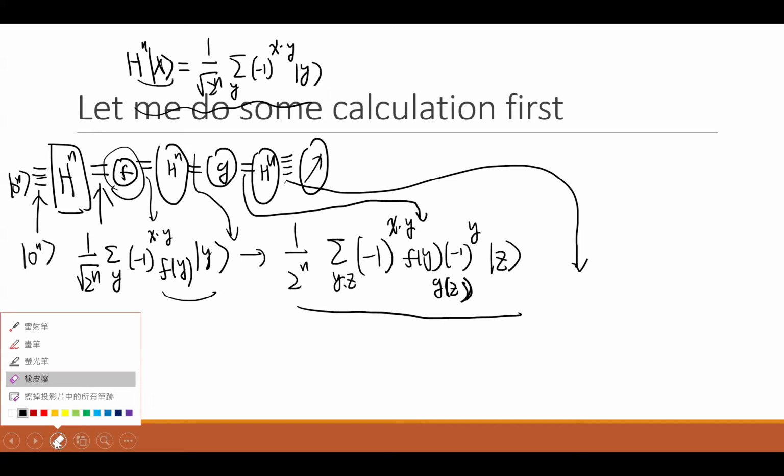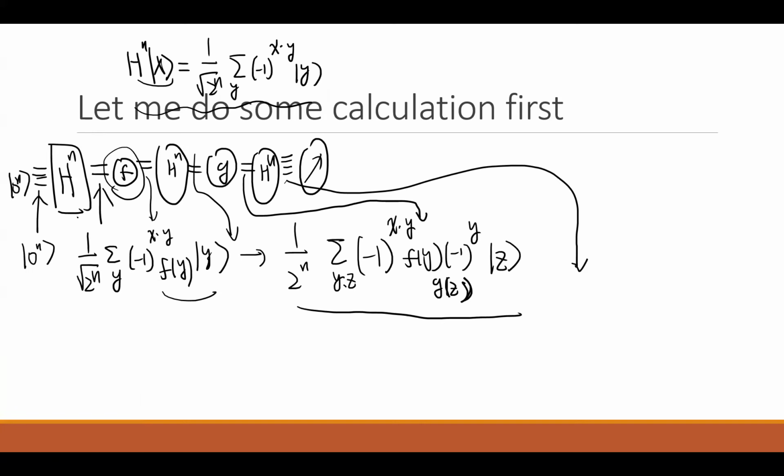What I want to say is the following. Sorry, I go too fast. This one is indeed 1 over square root 2 to the n summation of x. This guy here is indeed this one.